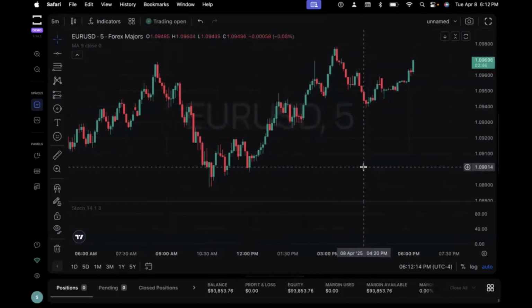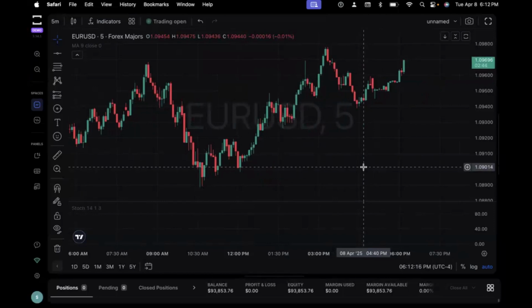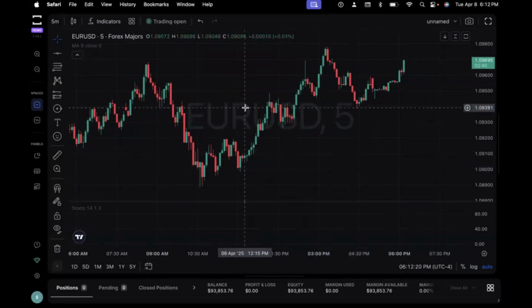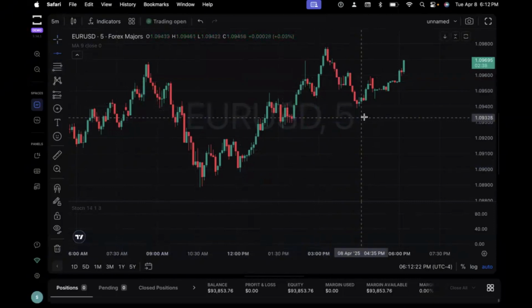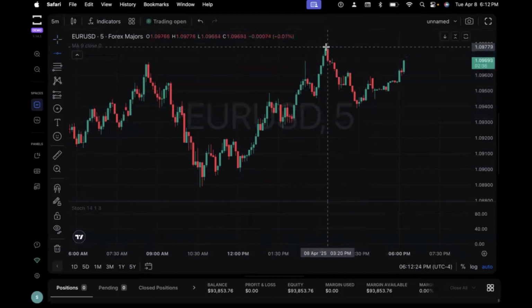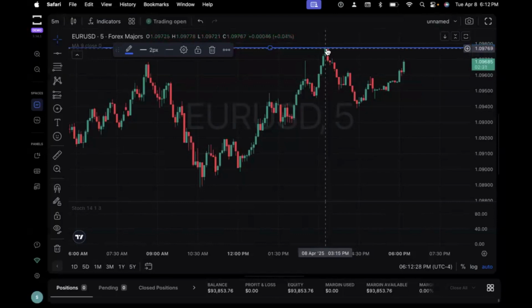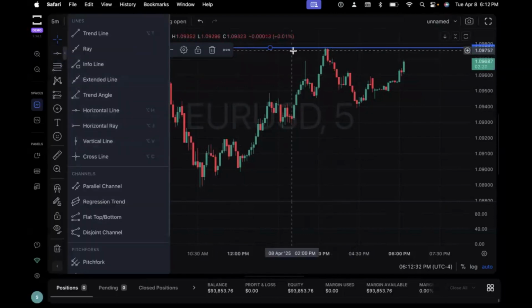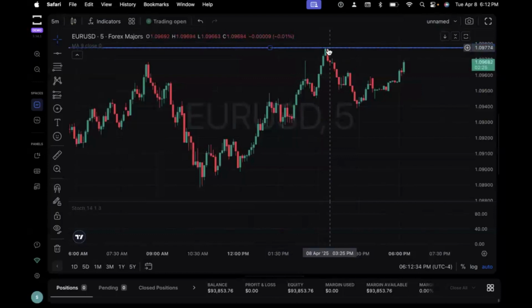So again, the first thing that you're going to want to do is identify these previous areas of support and resistance. If we can see a place of activity where the market sold from here, we're going to get a horizontal line or a horizontal ray, whatever you prefer, and mark that as a previous area of resistance.